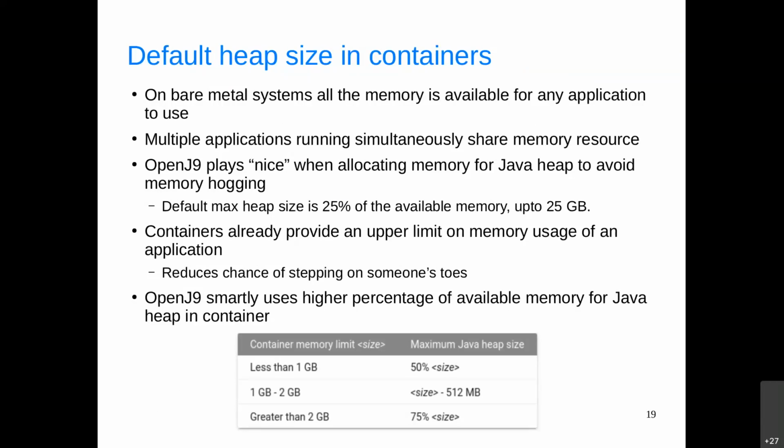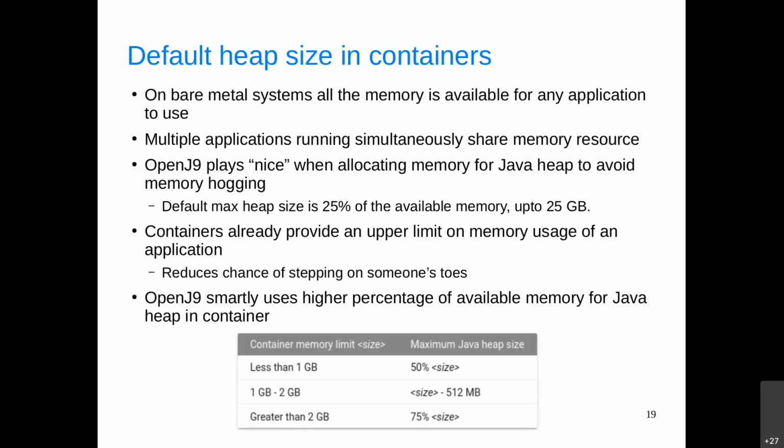And moreover, the operating system does not provide any way to limit the memory usage of a process.